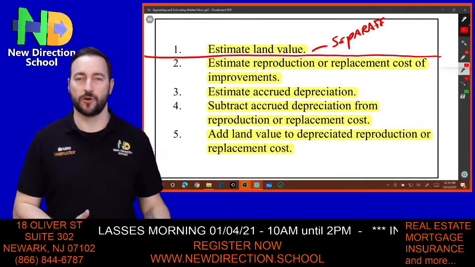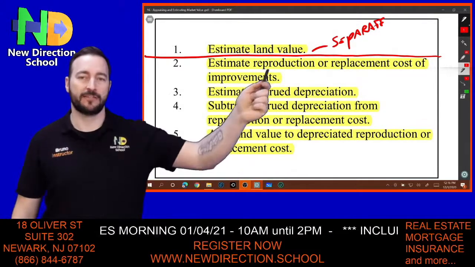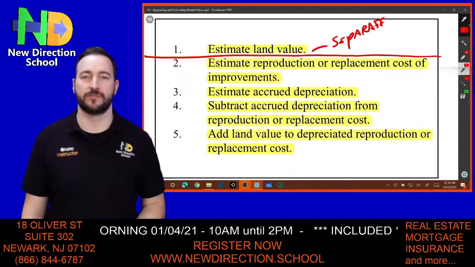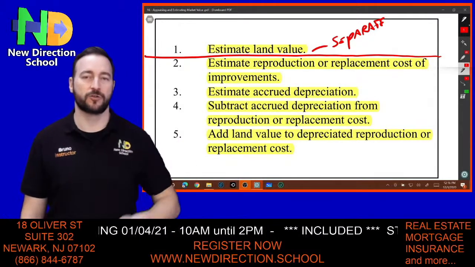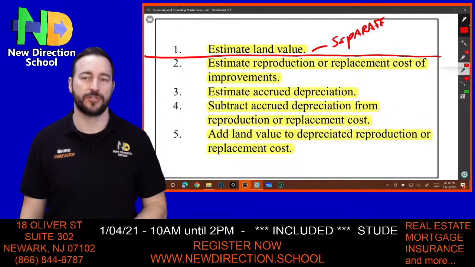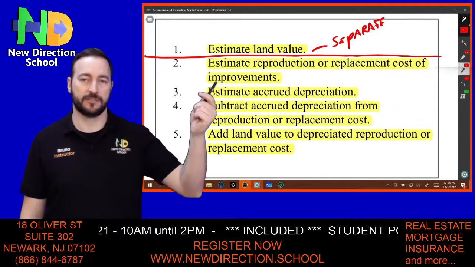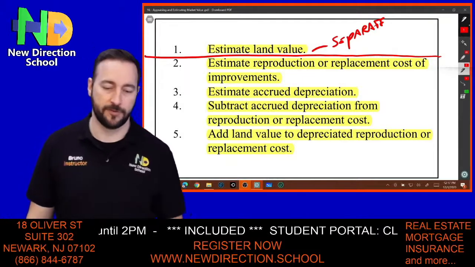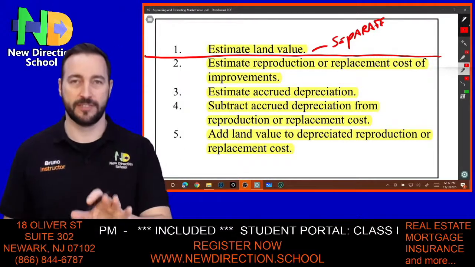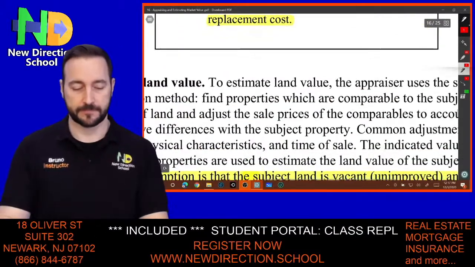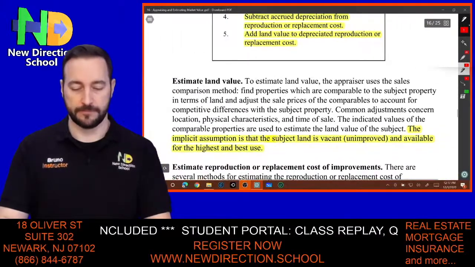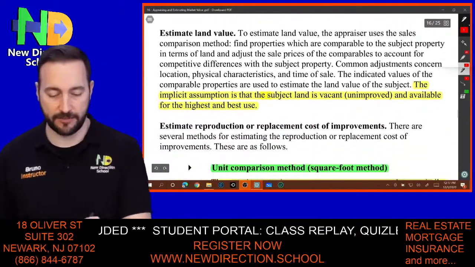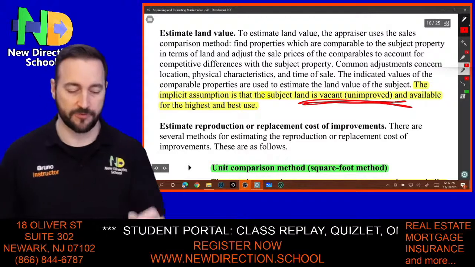What is the land worth? Then we look at the reproduction or replacement cost of improvements. We estimate accrued depreciation, subtract it from this value, and then we add the land to figure out the whole value of the property. I'm going to show you numbers in a second, how this works. So estimating the land value is estimating the land to be vacant, unimproved.